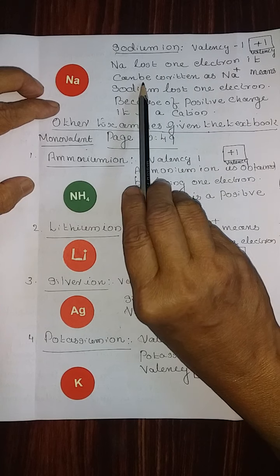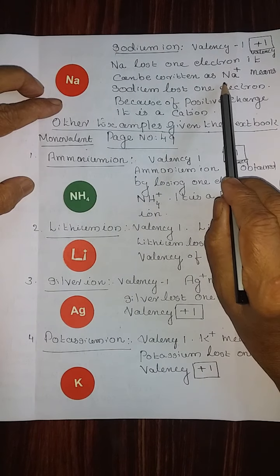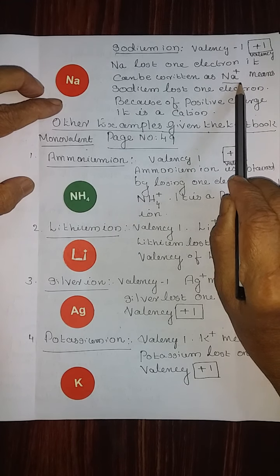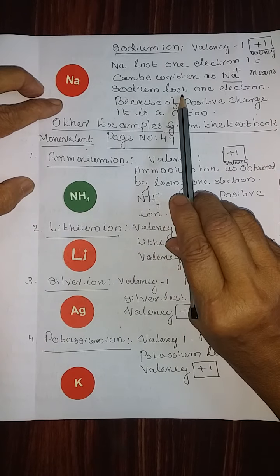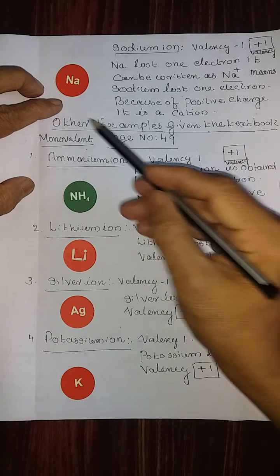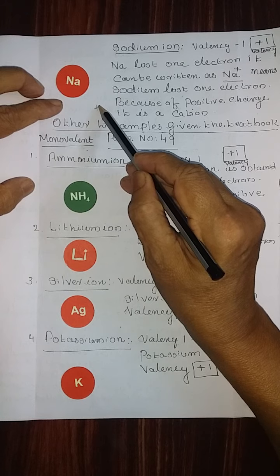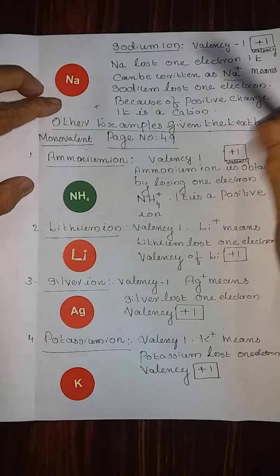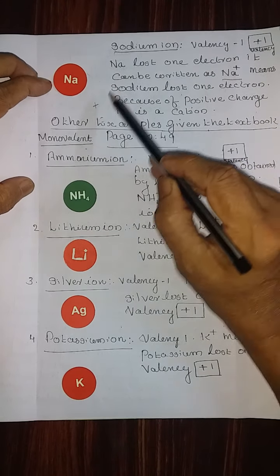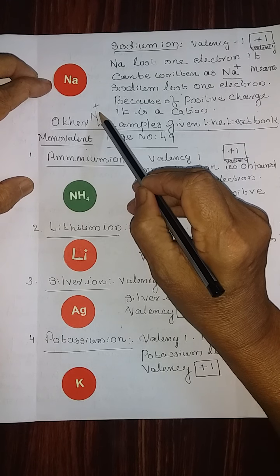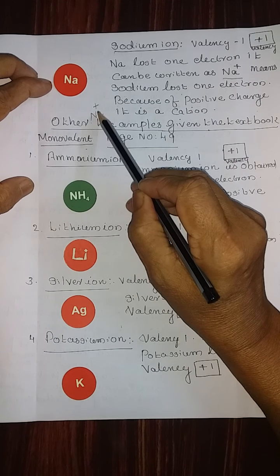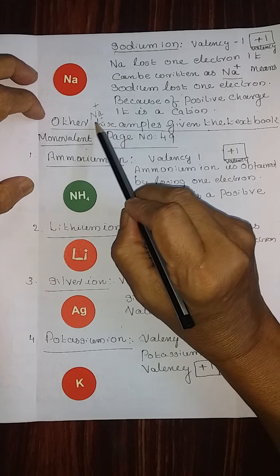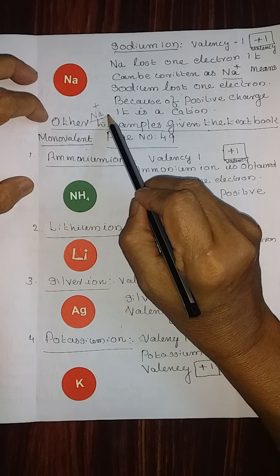Therefore, the sodium can be written as Na plus. It means sodium lost 1 electron. I told you one positive charge indicates that it lost 1 electron. Therefore, when you write Na plus, it means sodium lost 1 electron and now it is a positive ion.